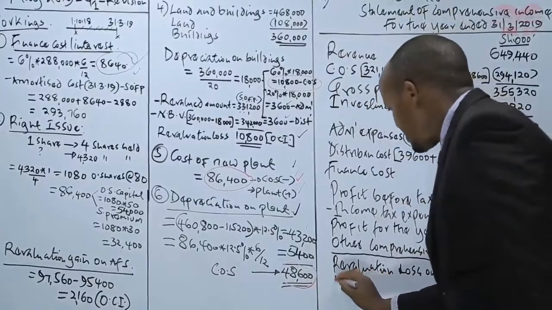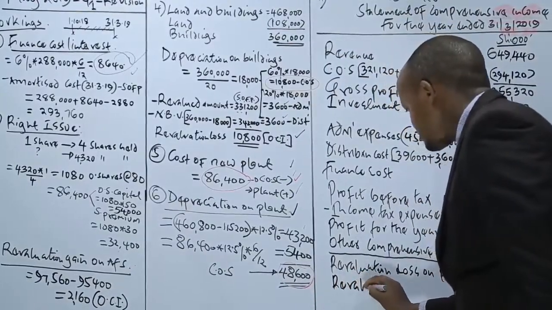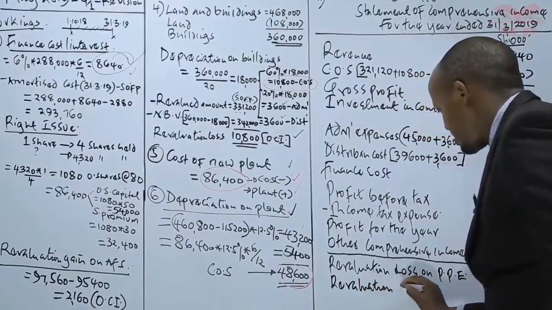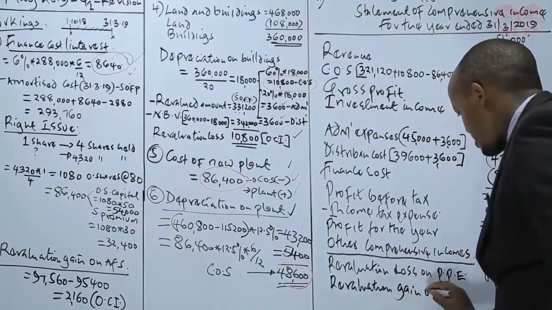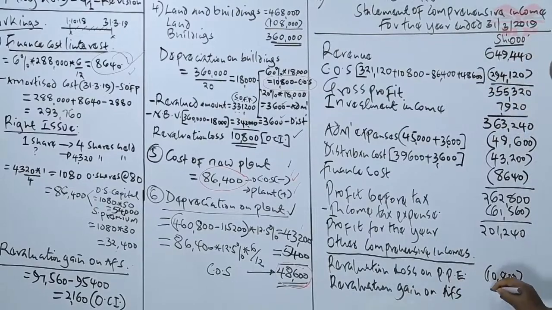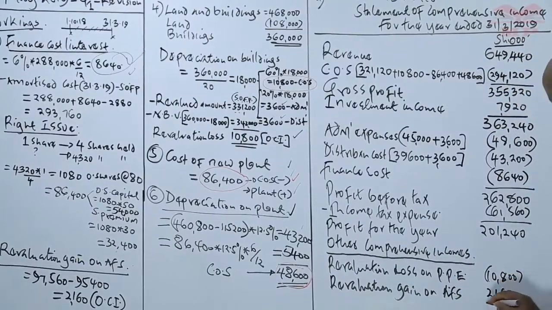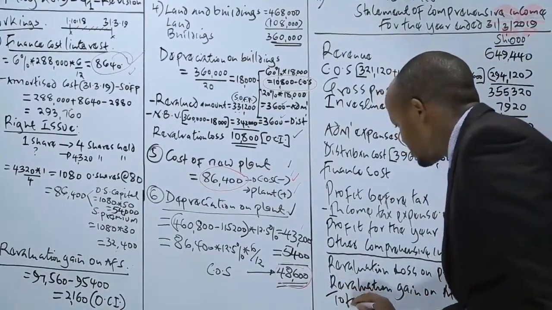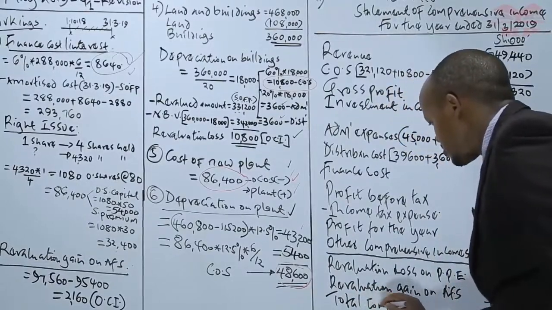Still, that will be part of OCI. So we have revaluation gain on AFS, which is an amount of 2,160, and being a gain, we add it, and then we get the total comprehensive incomes.